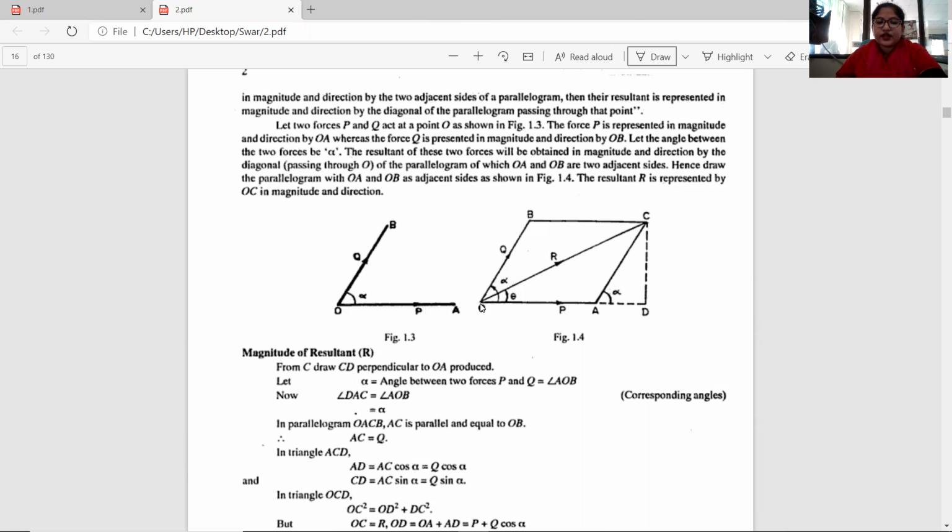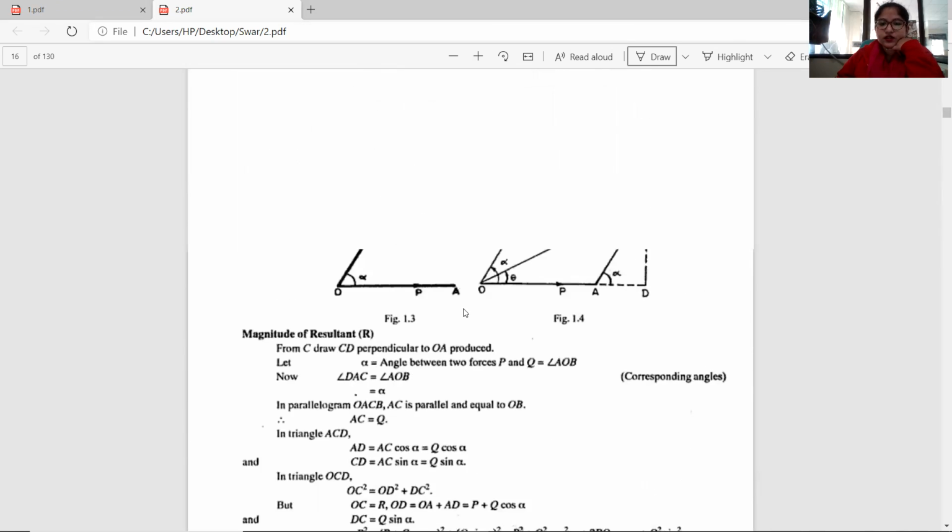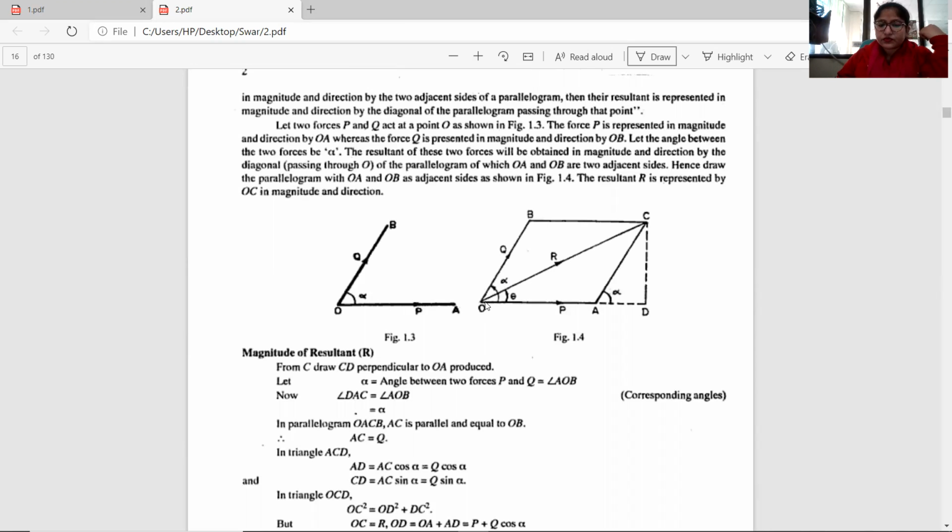Let's calculate the magnitude of the resultant force. From C, draw CD perpendicular to OA produced. The angle between the two forces, P and Q, is alpha.